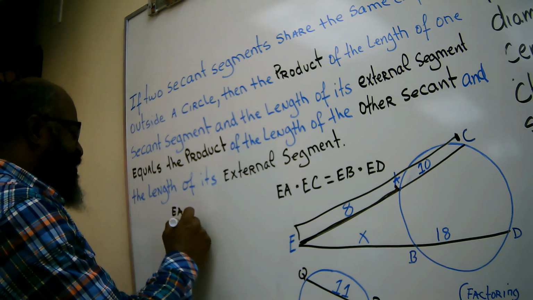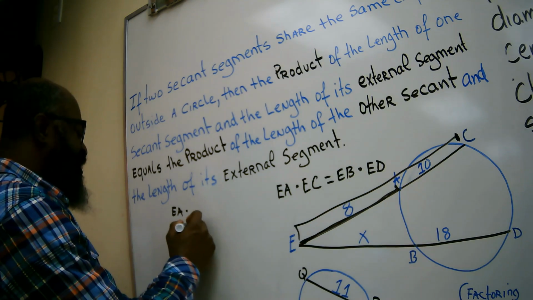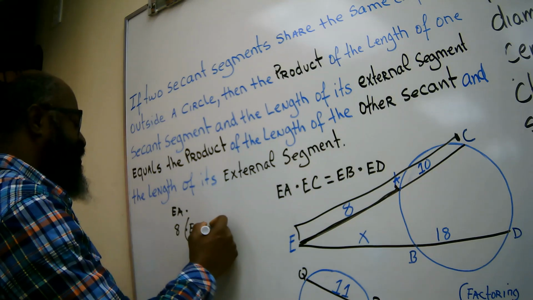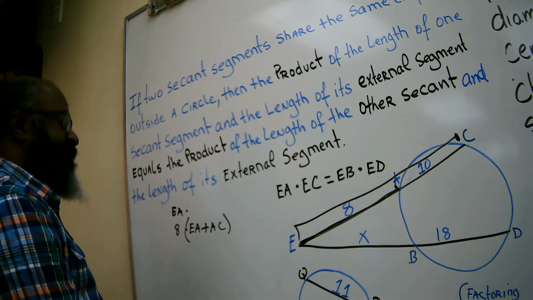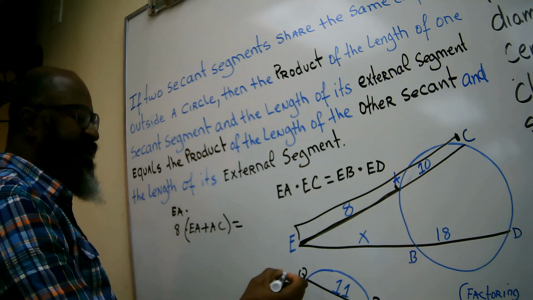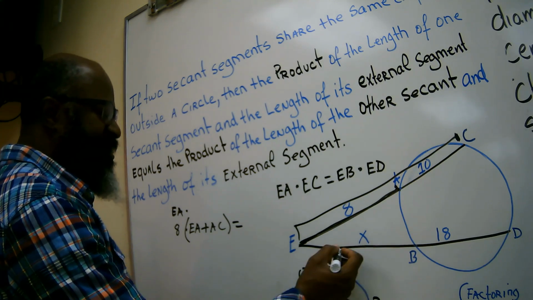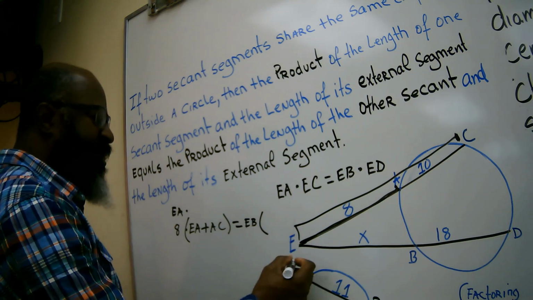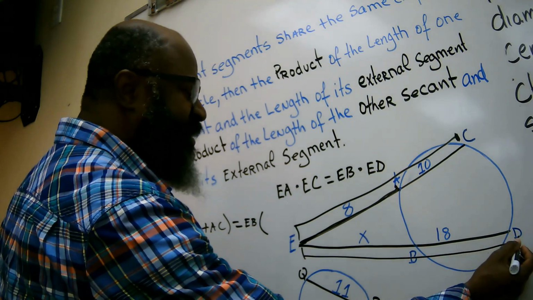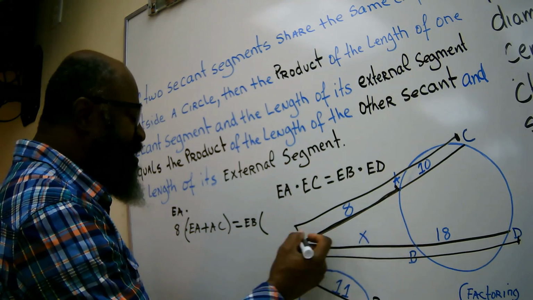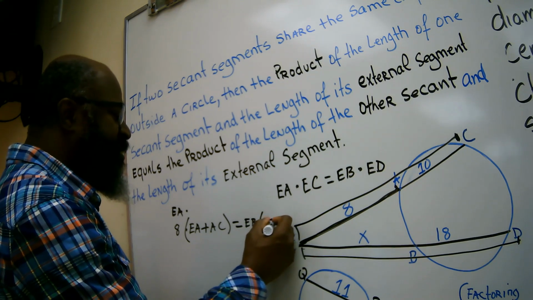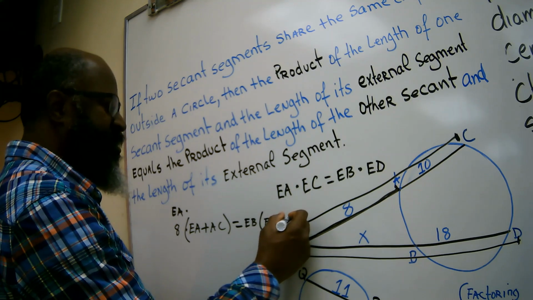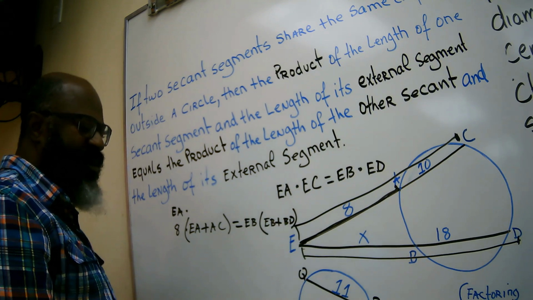Now to find EC, it will be EA plus AC. This will be equal to the other external part of the secant, which is EB, times the entire secant, that will be EB plus BD. That's what the theorem is about.